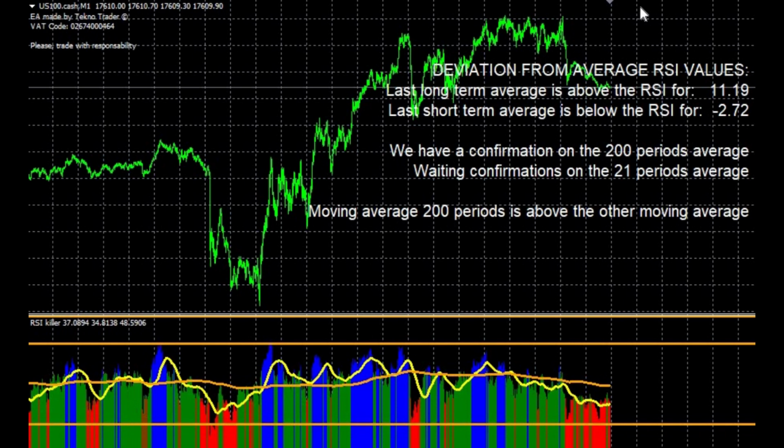So if the 21 period average is also respecting this condition, maybe we could catch a nice trade on the upside. That's not the case because the short-term average, so the 21, is below the RSI, but maybe in the future this will happen, like we saw here, or like we saw here, or maybe here.